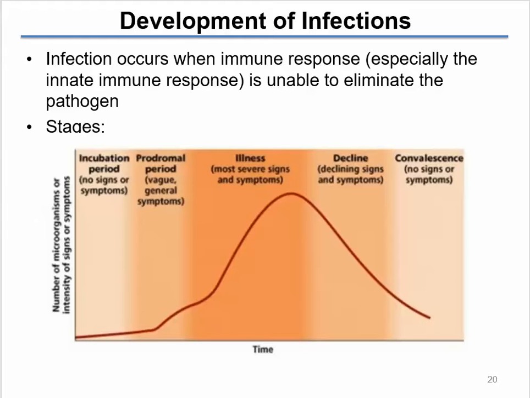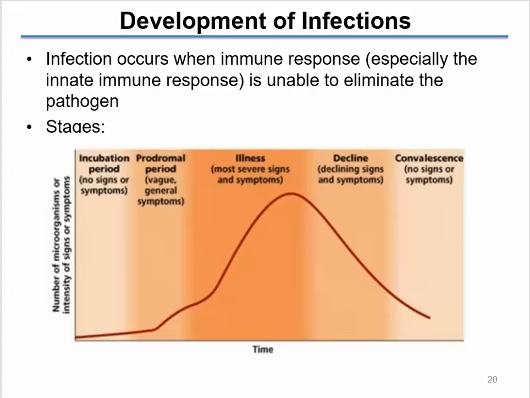At first, the pathogen is in you, it's reproducing, there isn't enough of it to actually cause signs and symptoms yet, and we call this period the incubation period. There's no intensity, and the numbers of the microorganism are very low. Then, as the numbers start to increase, so do the signs and symptoms, but the signs and symptoms are vague in general. We call this the prodromal period. This is the time when people are saying, I think I'm coming down with something. I just don't feel myself.